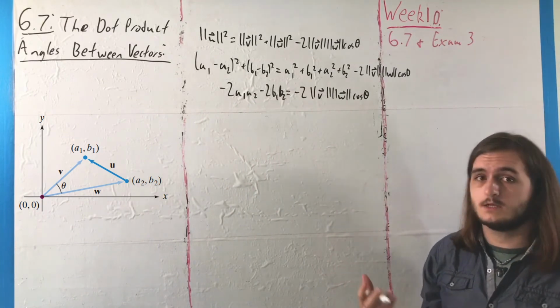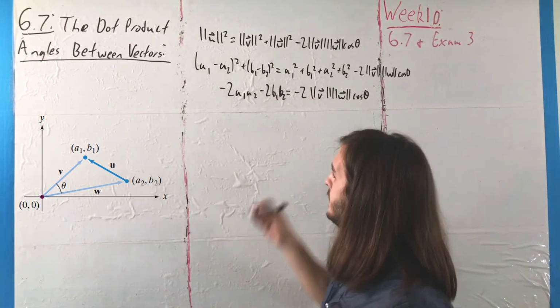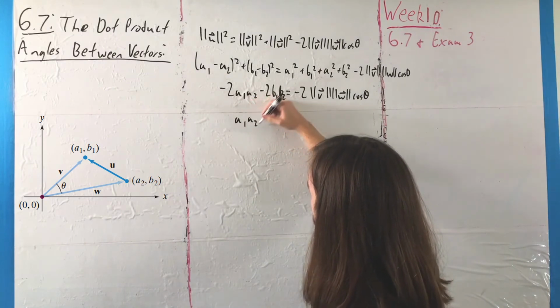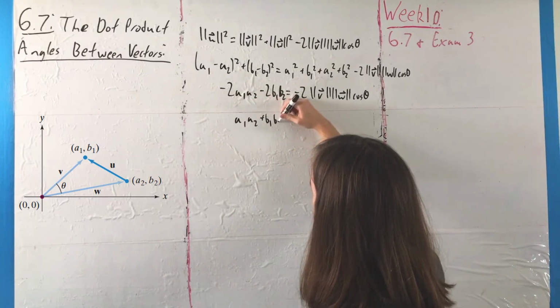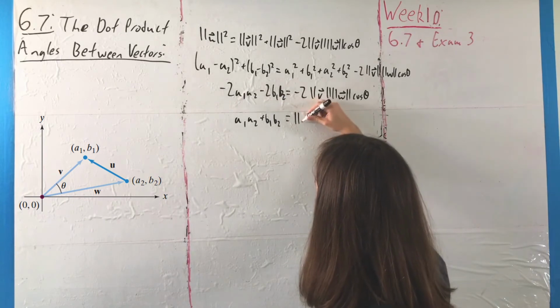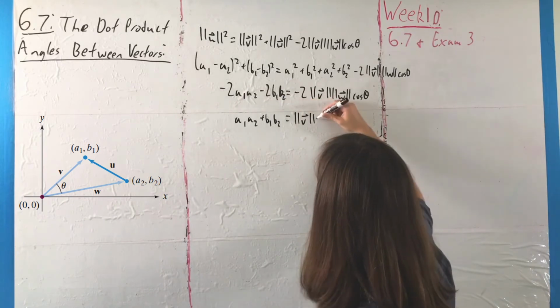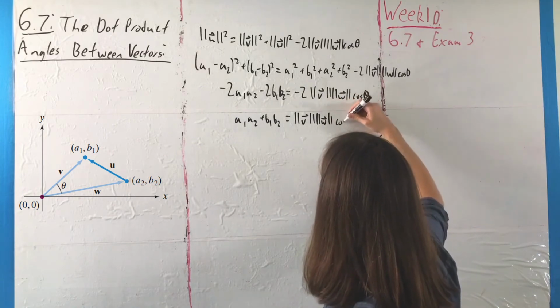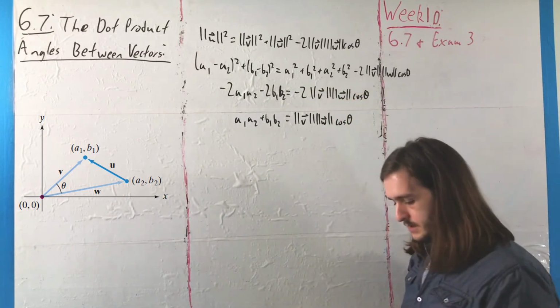You can just get rid of those minus 2s, divide the whole thing through by that, and what we'll have is a1, a2 plus b1, b2 is equal to the magnitude of v times the magnitude of w times cosine of theta.